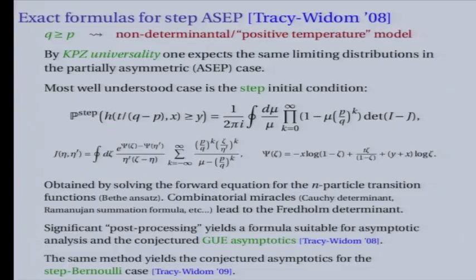In that case, they were able to again solve the forward equation, turn it into a formula with a Fredholm determinant, post-process it, and finally take a limit, and they got the conjectured fluctuations, which I didn't put in the slides, but this can be done. So at least in the ASEP case and in the half stationary case, there are ways to treat this problem in this way.